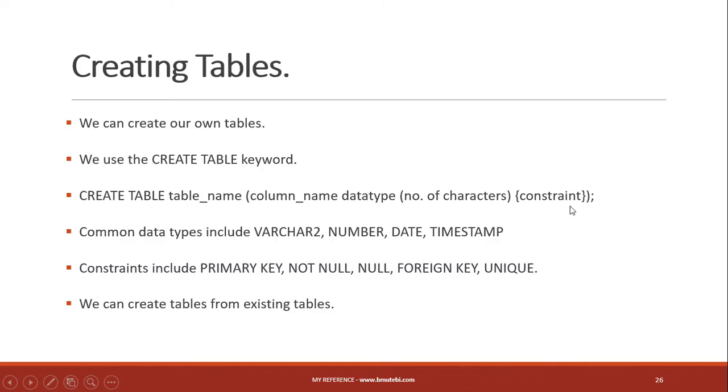We can add the constraint or we may leave it. It's not compulsory that we should have the constraint. Then we can also create tables from existing tables with the help of the select statement. So that's it for this session. We shall meet in the next episode with modifying created tables.